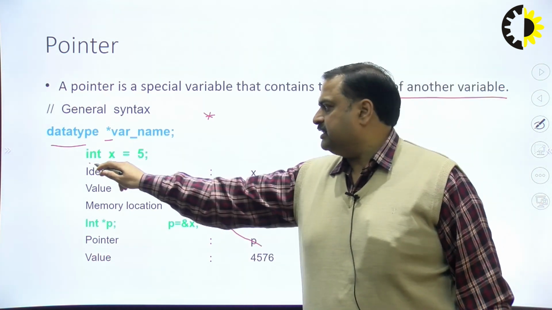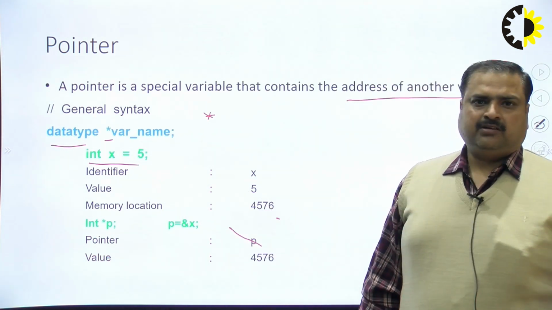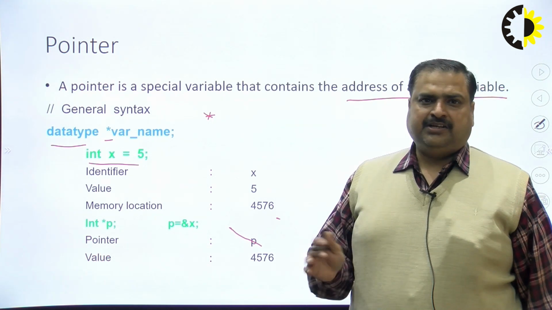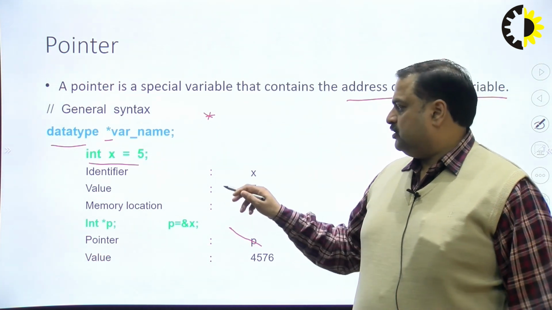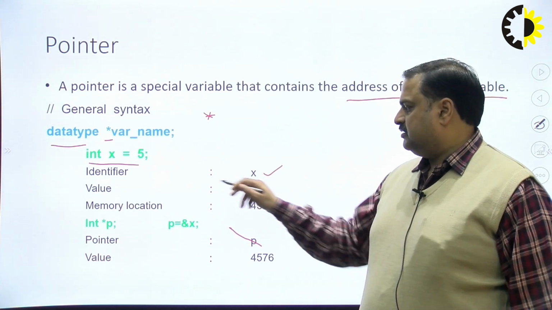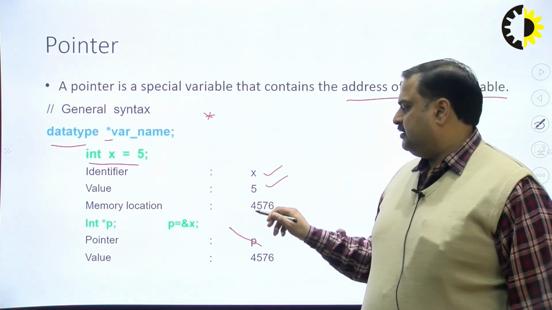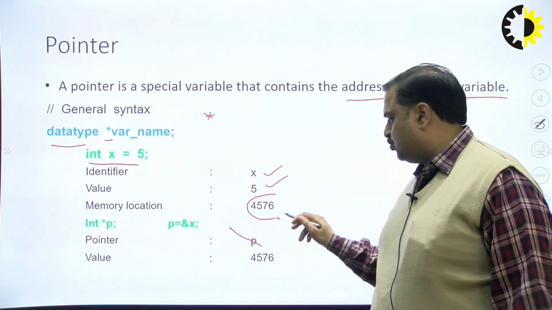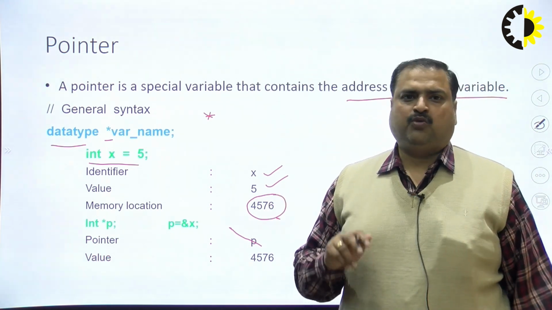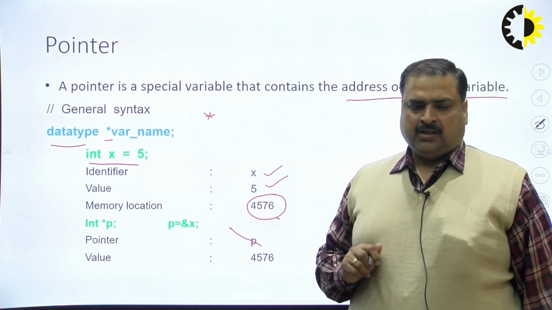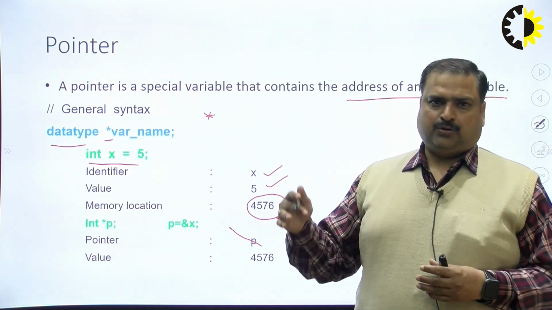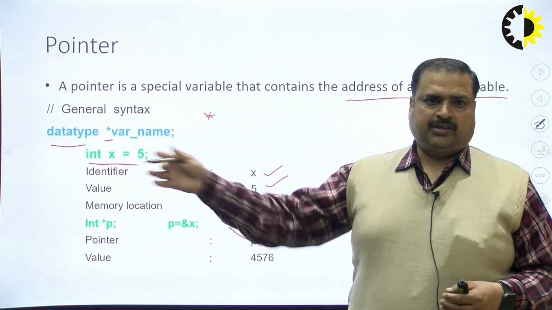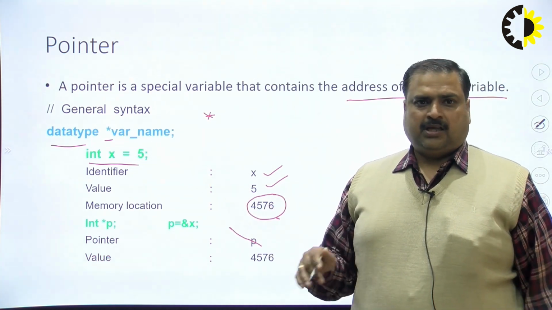So, in this example, I have one integer x and assigned it the value 5. Here the identifier is x, the value is 5, and for example, we take it to be stored at memory location 4576. So, it is the physical location of variable x.